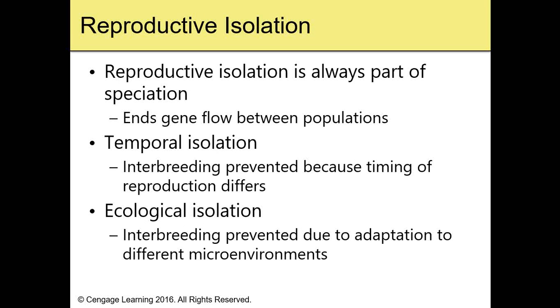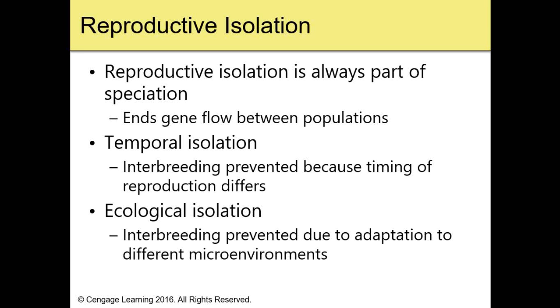So there are several different ways that a new species can crop up, and one of those ways is called reproductive isolation. Reproductive isolation is a way that we can start a new species, because individuals from one population will stop breeding with individuals of another.